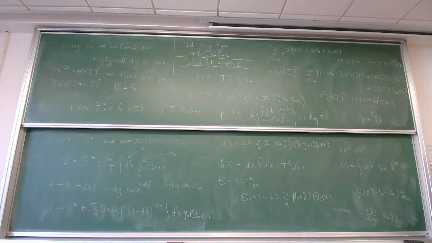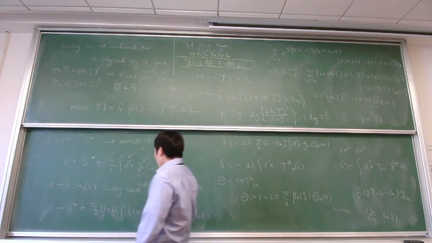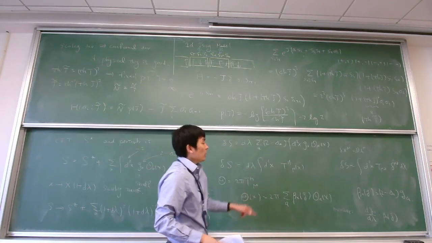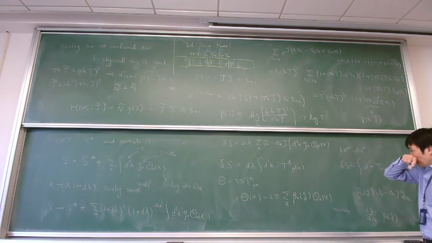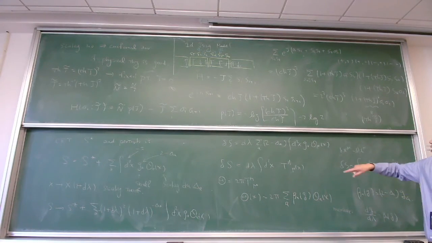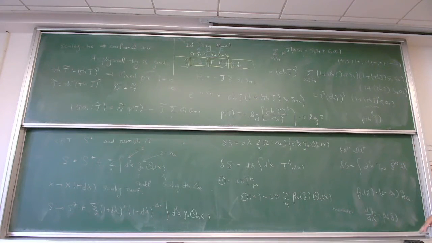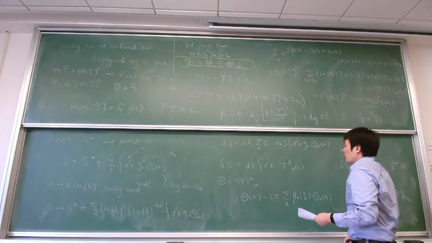Here we just perturb the action and then look at how it behaves under scaling transformation. Under the scaling transformation, you get this kind of behavior. So therefore, the beta function here actually depends on this 2 minus delta_A.